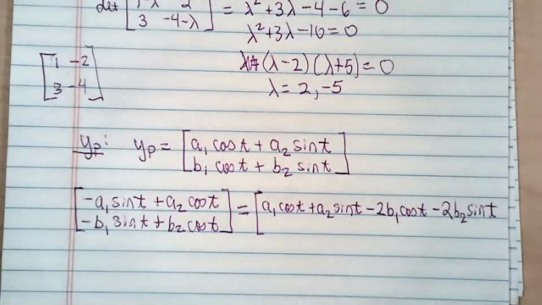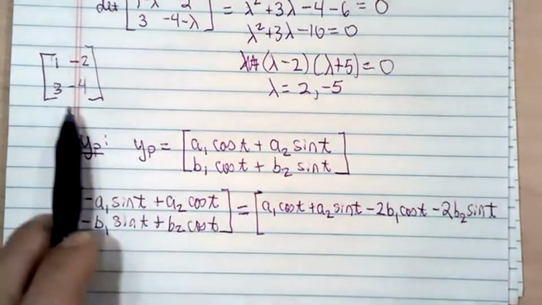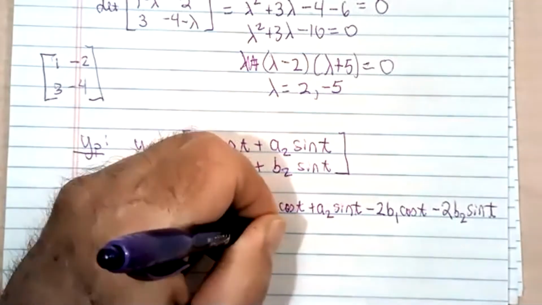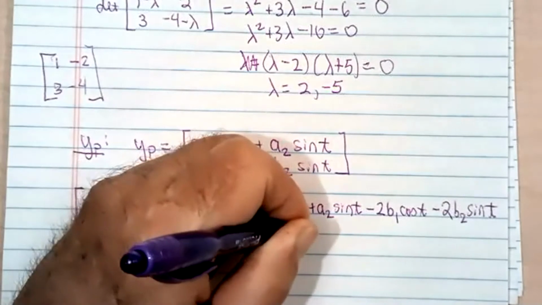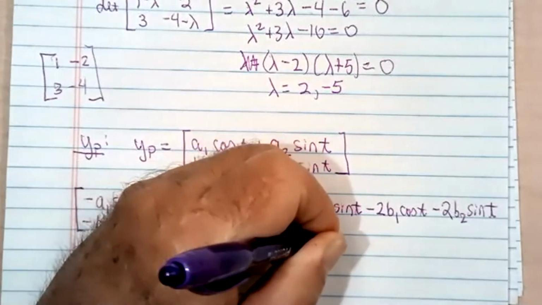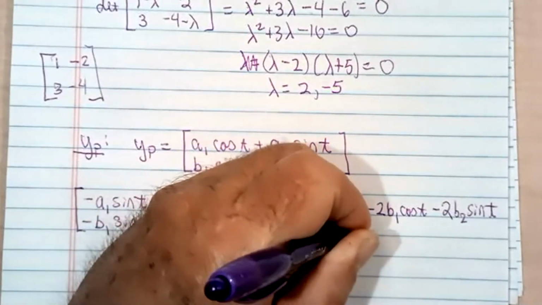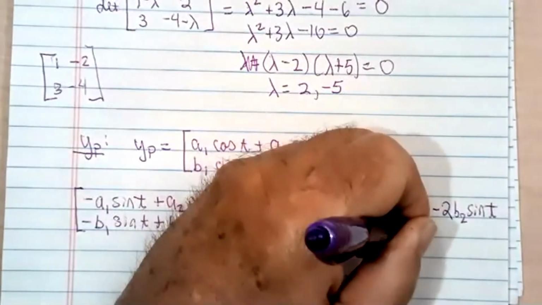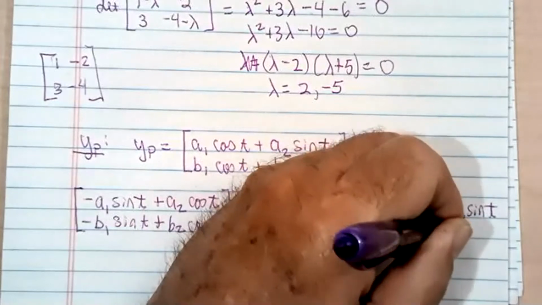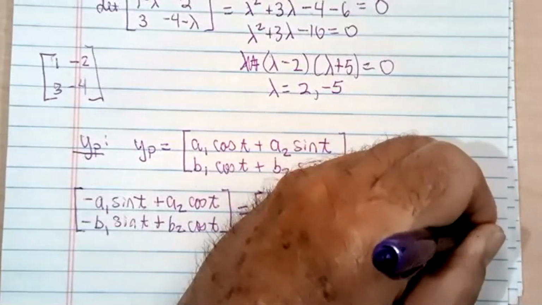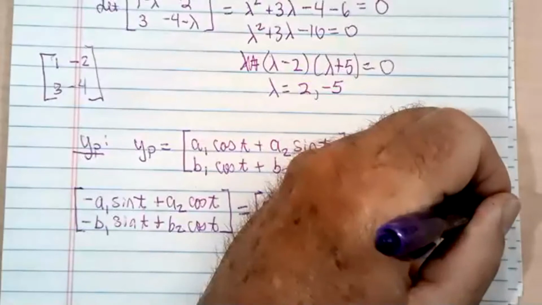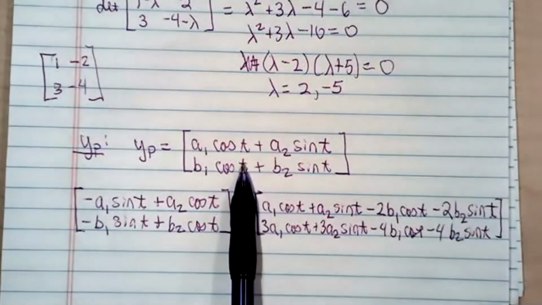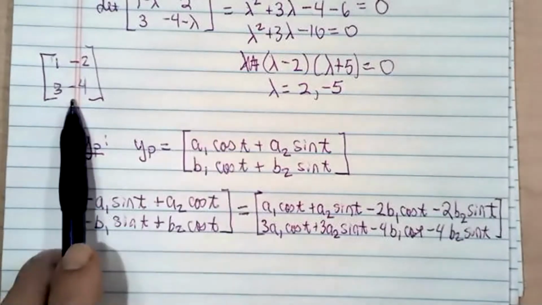And then we do that again with the bottom row of the matrix. So 3 A1 cos t plus 3 A2 sine t minus 4 B1 cos t minus 4 B2 sine t. And that is the matrix A times yp.